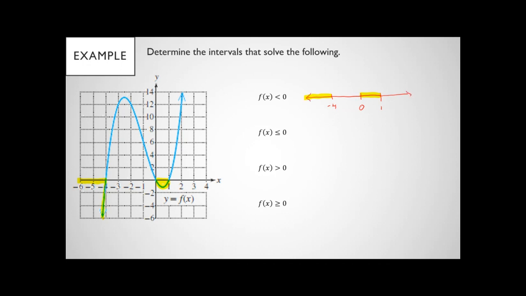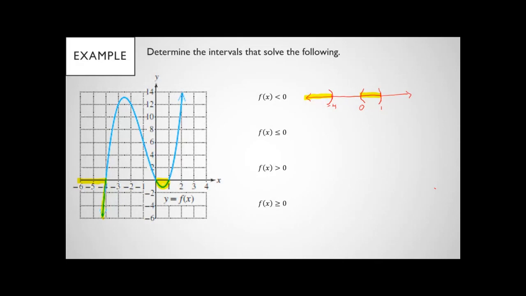This is going back to our linear inequalities and the graphing and what that means. Now we're not including 0 because it says it's less than 0. Any point where it's equal to 0, which are the transition points, those are not counted. So those are going to be parentheses, and those always face where we're shading.